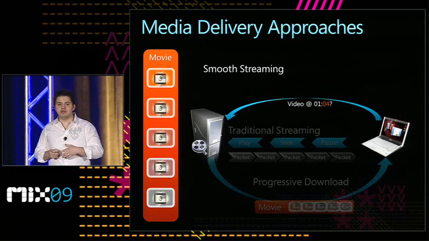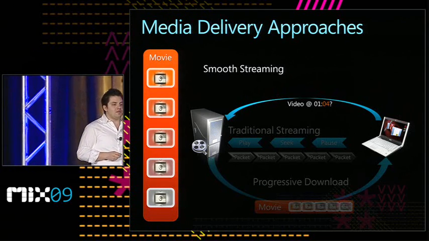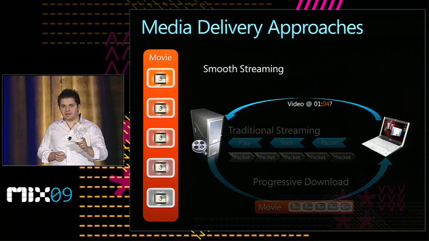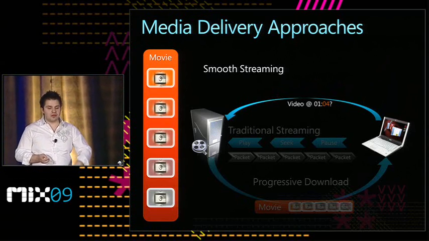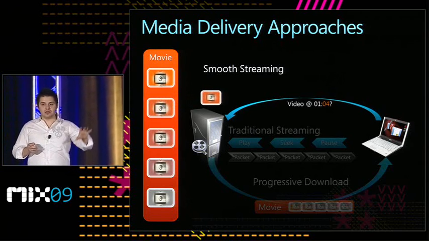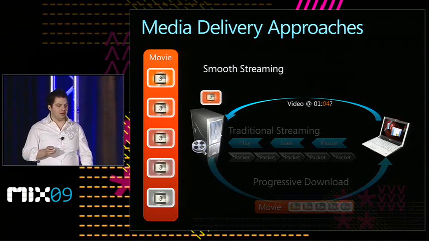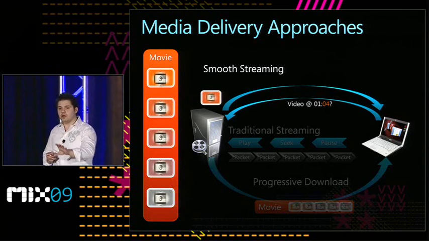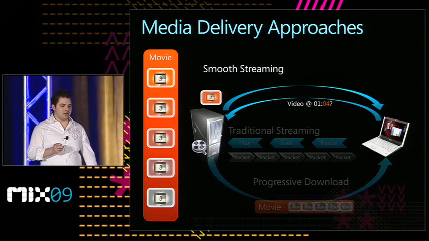And what the client will do is it will say, I want you to give me a piece of this movie as this natural fragment. So it might say, give me the video at 1 minute and 4 seconds. And the server is going to pull out that fragment from the video and return it as what looks like just an HTTP object.